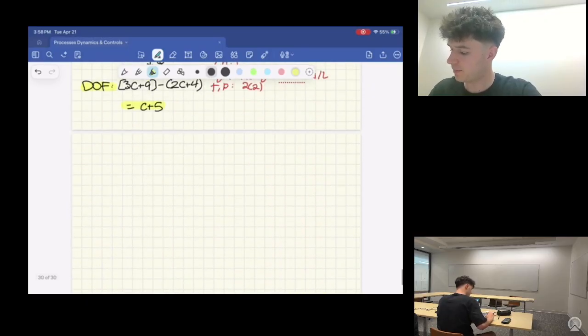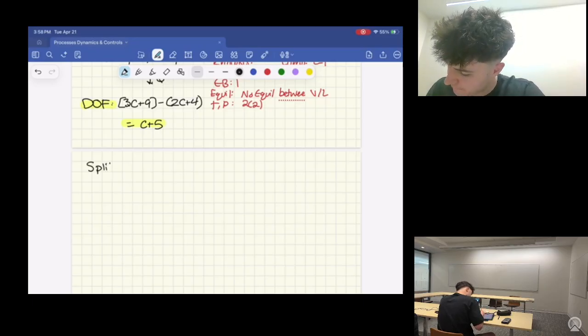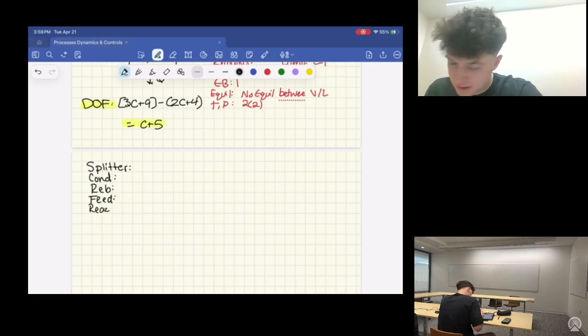So we're going to go down to the bottom and bring that equation down. But first we're going to need our splitter, our condenser, our feed, our reactant, and our stripping.